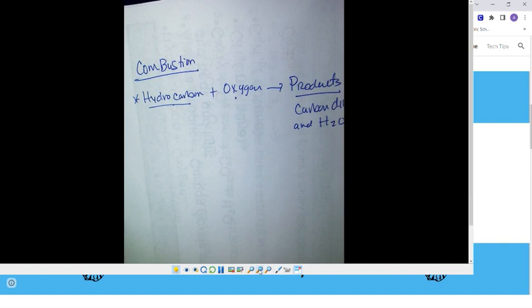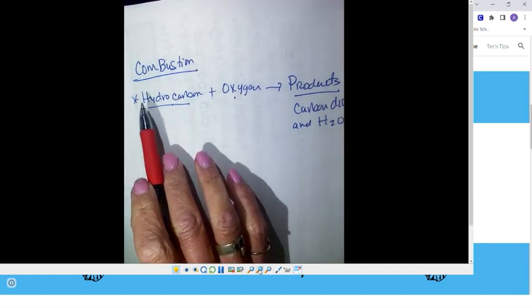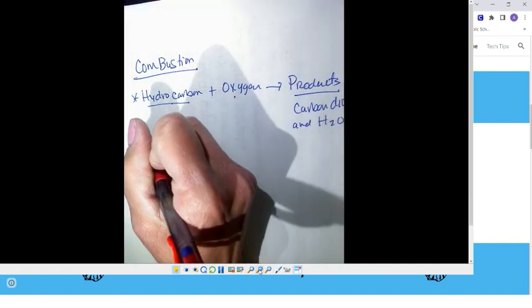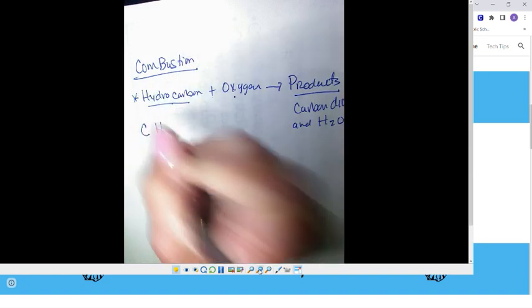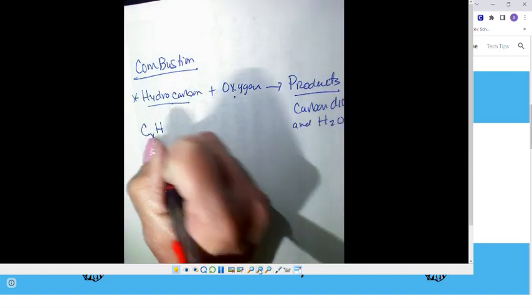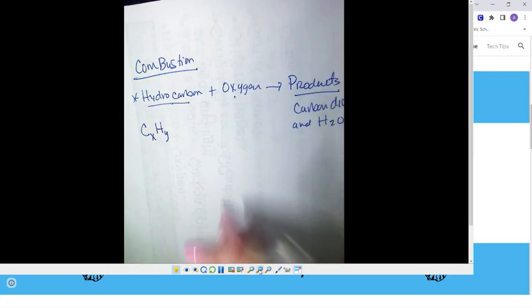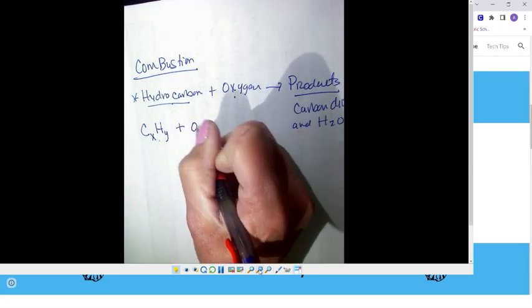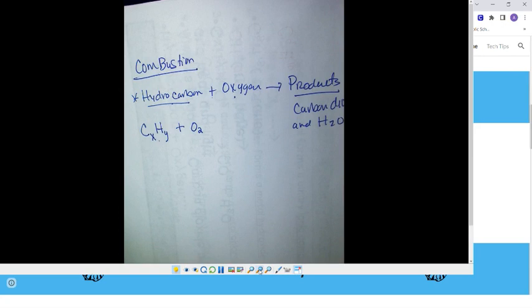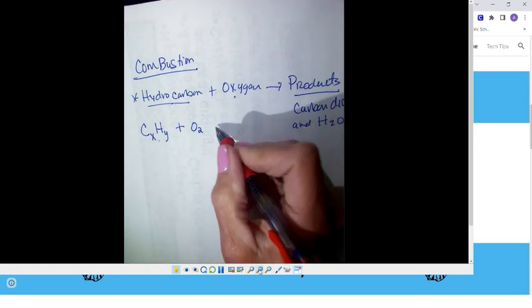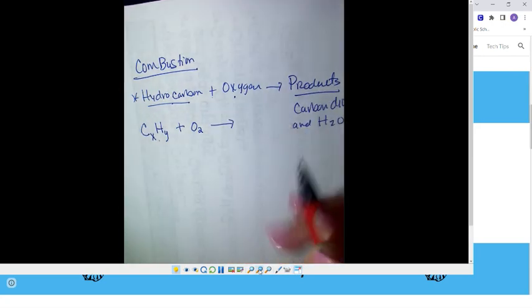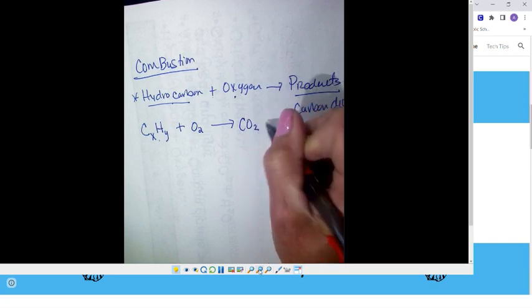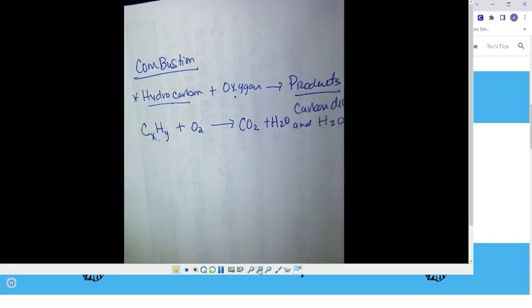Always. A hydrocarbon is a compound that has carbon and hydrogen in it. What the subscripts are on my carbon and hydrogen is going to vary. If you have a hydrocarbon and it combines with oxygen, that is a combustion reaction. It will always produce carbon dioxide and water.